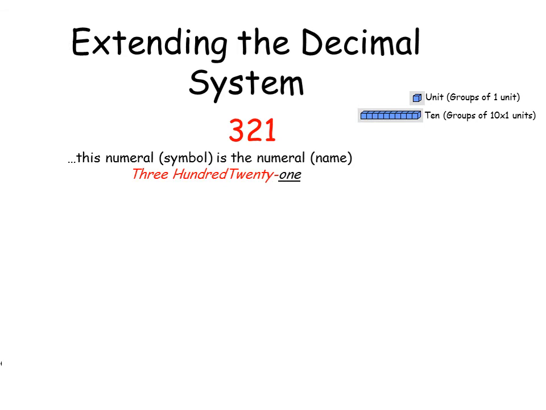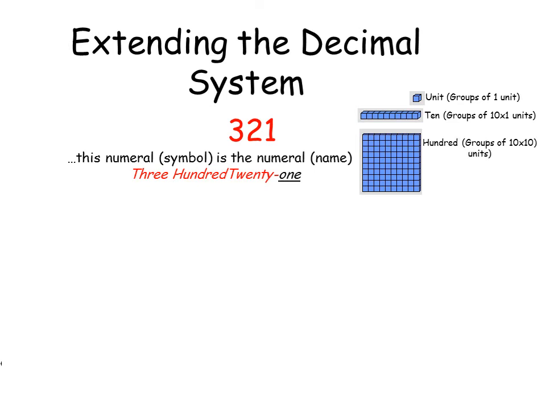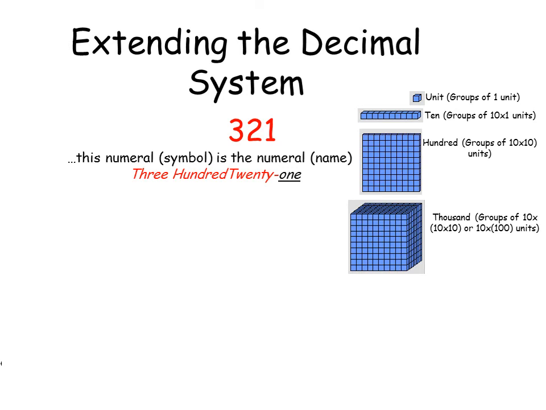So those are 10s. That's 100 because it's 10 groups of those 10 rods. And then the next one would be 1,000 because there's 10 of the flats for a cube, or 10 of the hundreds for 1,000.